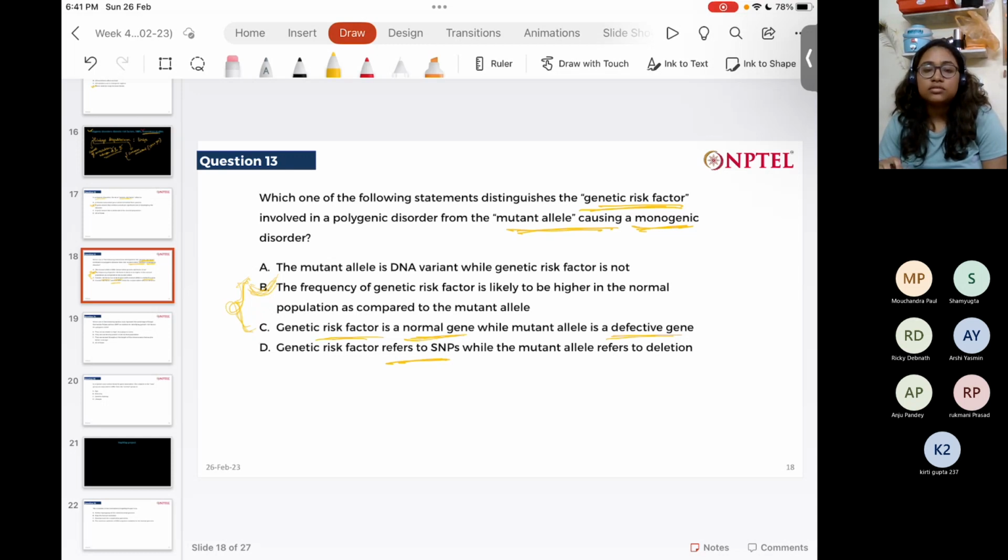A single base pair substitution or insertion can also lead to a mutant allele, right? So because of this particular point, option D doesn't make sense or is not applicable to this particular question. But what I'm confused about, like Ricky, is between options B and C.